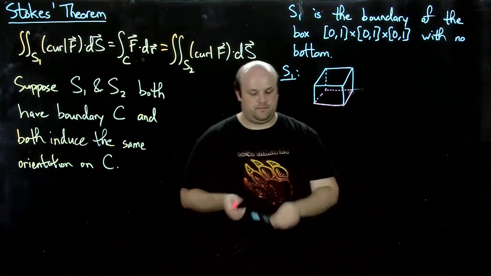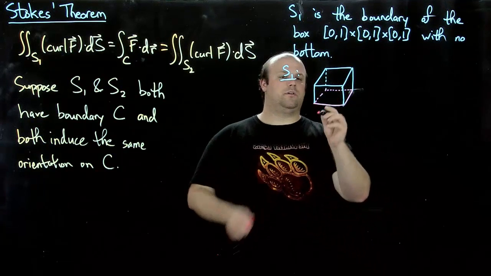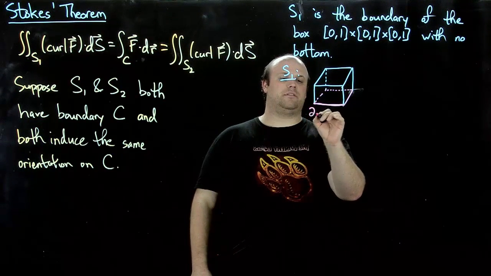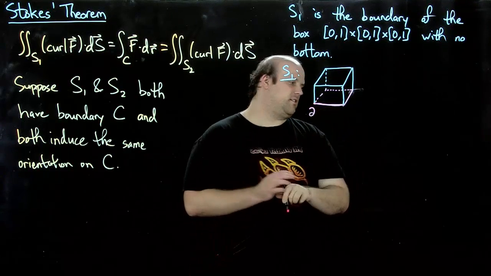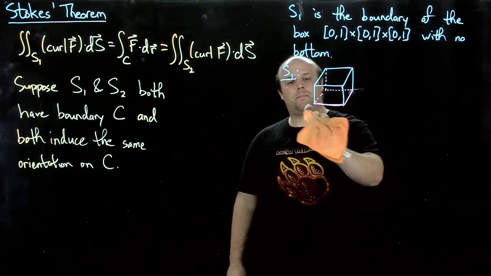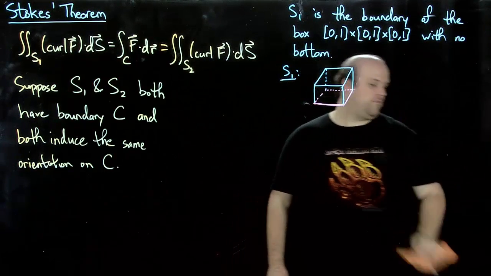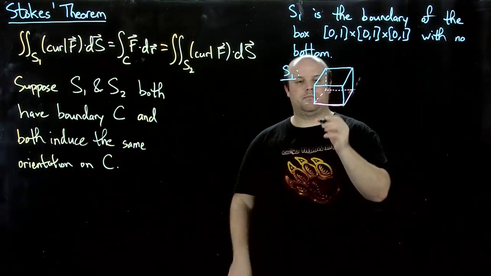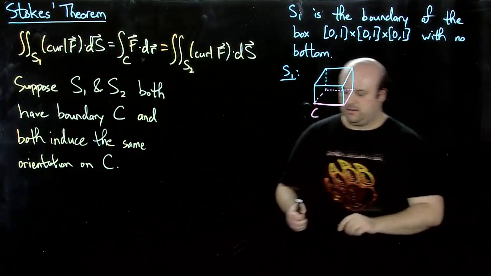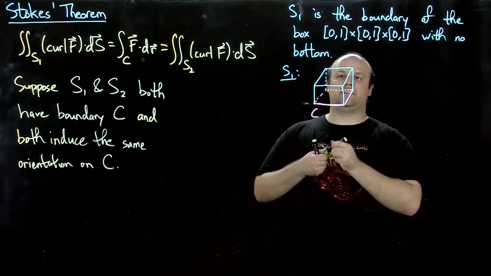The pink here is meant to denote the boundary, which let's just call the boundary C instead of boundary S1. All right, and let's say this has the outward orientation.